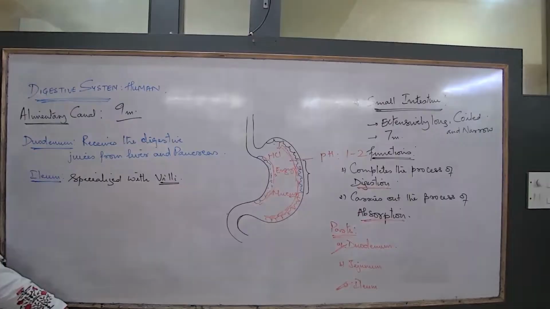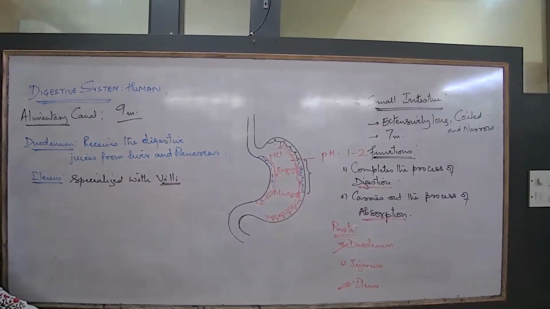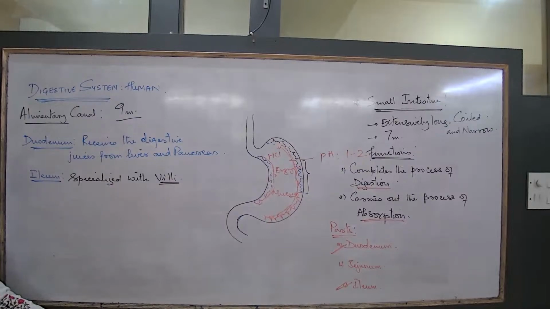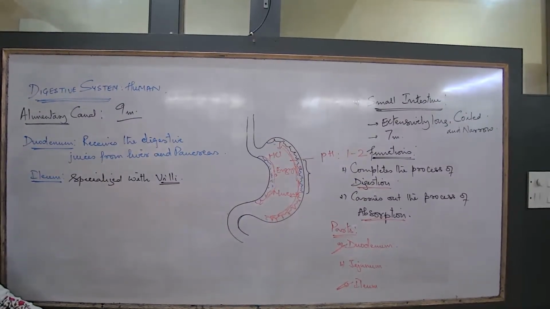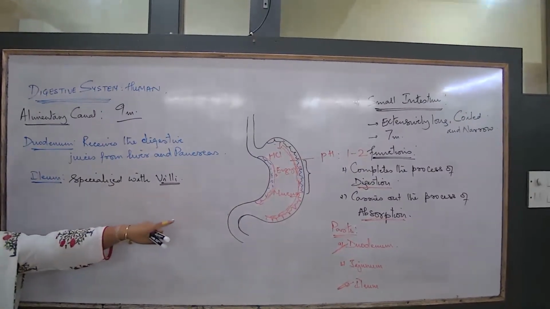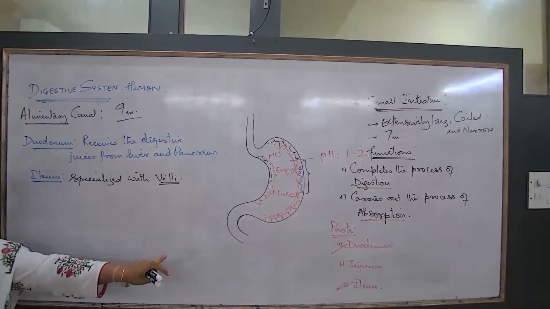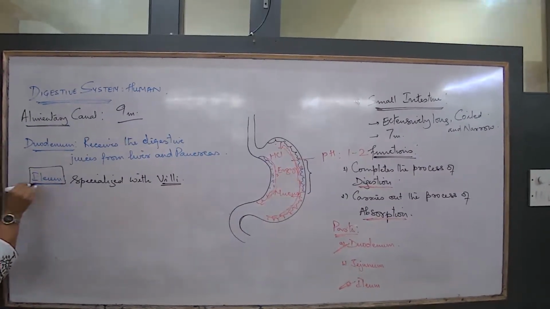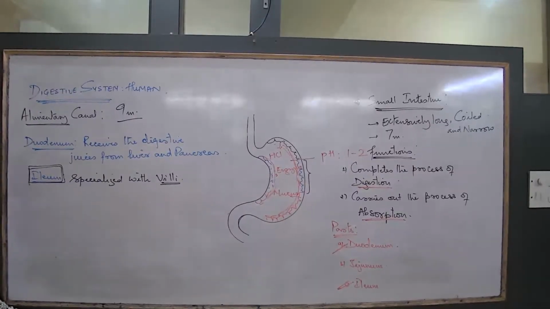What are villi? When we talk about this entire tube, just now I was showing you, the entire small intestine is divided into three regions. What were those three regions? The duodenum, the jejunum, the ileum. I'm talking about only this right now. How is the ileum specialized?